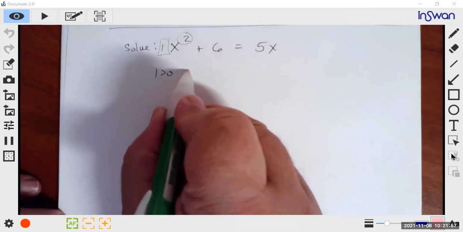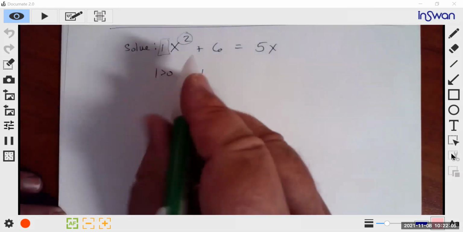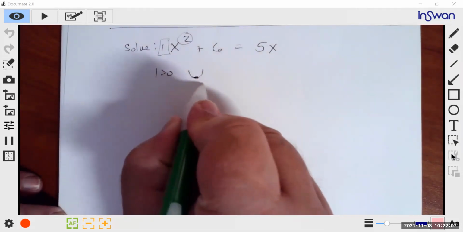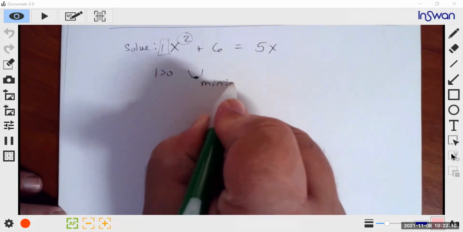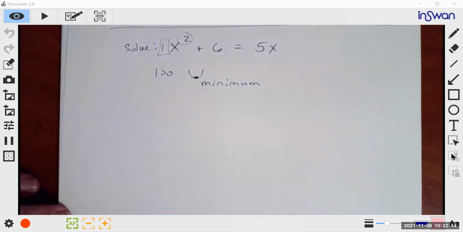So since it's that, the graph will look like this. So are we going to have a maximum or minimum? Since we have the lowest point here, we're going to have a minimum. So what's the procedure for solving quadratic equations or polynomials?